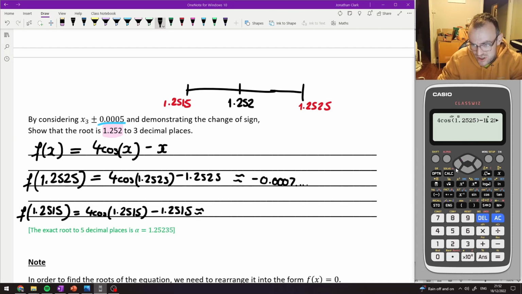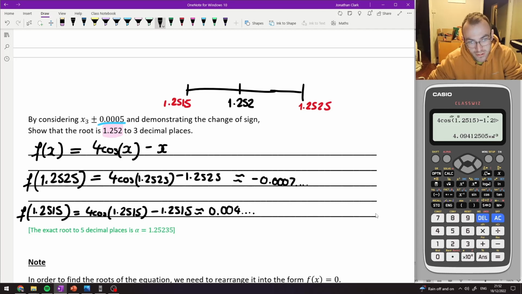I'm just looking for that change of sign, really. Amazing, good. Okay, so again, we're mostly just noting the change of sign here.